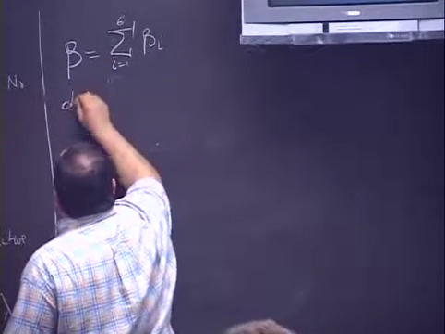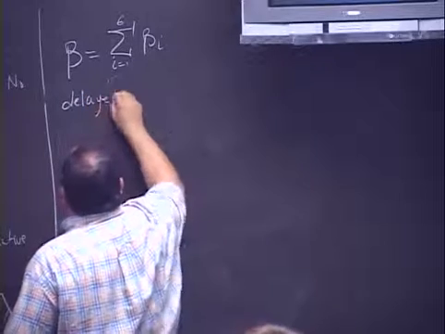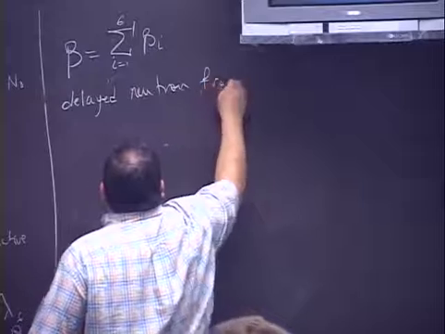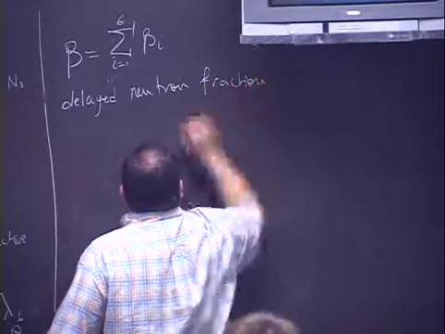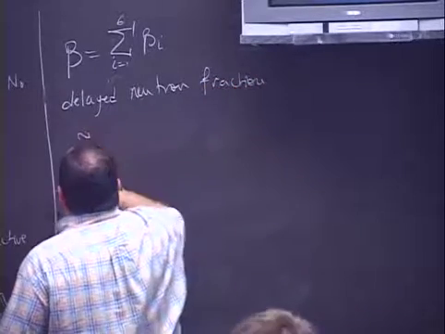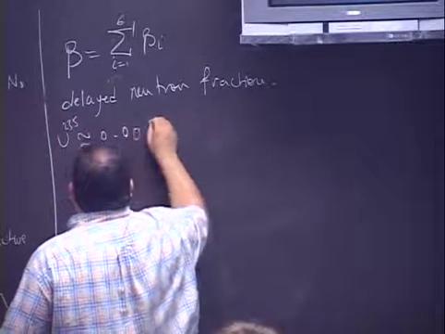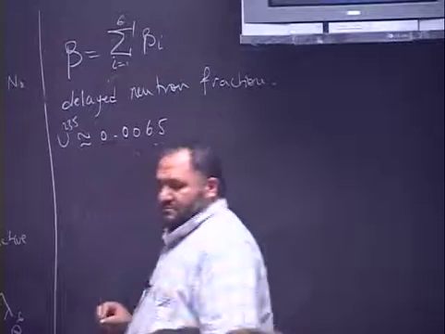This is the delayed neutron fraction. Usually for uranium-235 it is around 0.0065.